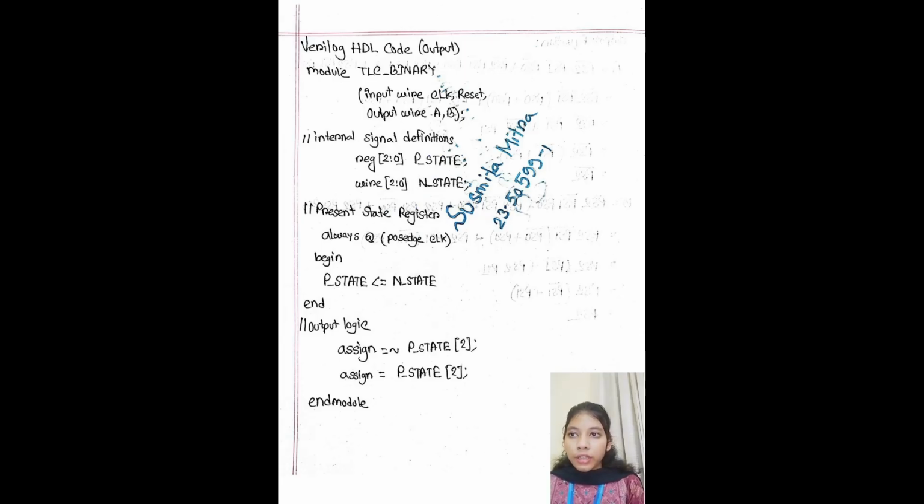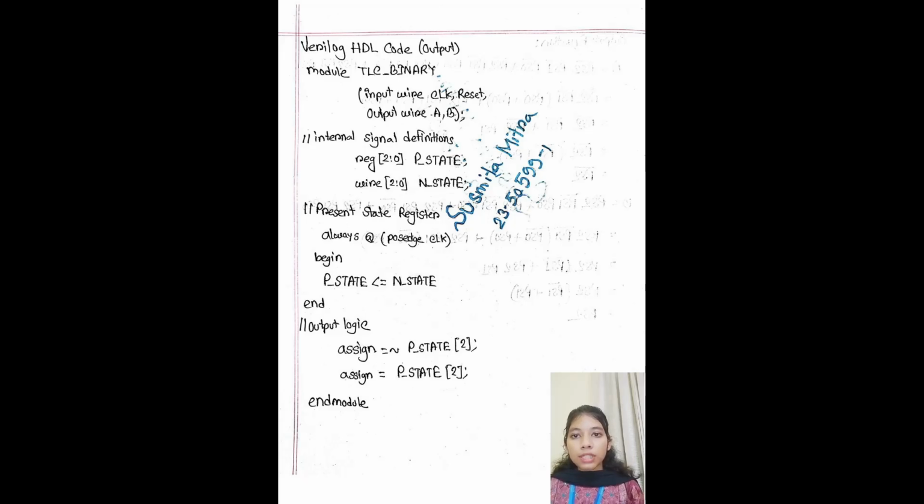So here in the Verilog HDL code, we see a finite state machine module, TLC binary, that defines the module with inputs clock, reset and outputs A and B. It uses a 3-bit register P state to store the current state, which updates on the positive edge of the clock, and a 3-bit register N state to store the next state.